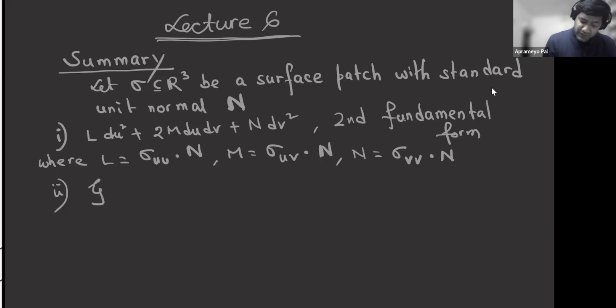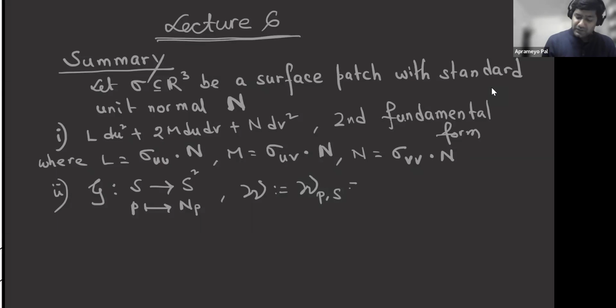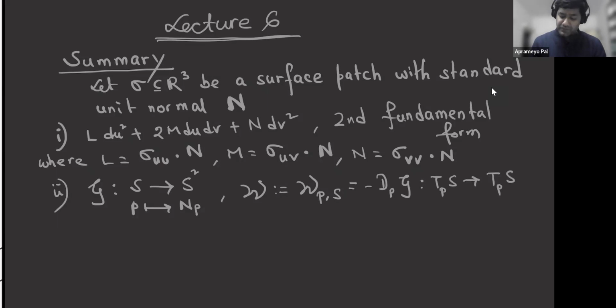Here we defined a Gauss map, which is a map from the surface S to the unit sphere, sending a point P to the unit normal N_P. Correspondingly, we defined a Weingarten map, W_P, which is nothing but minus dp, minus the derivative of the Gauss map, which is a map from the tangent plane to the tangent plane.